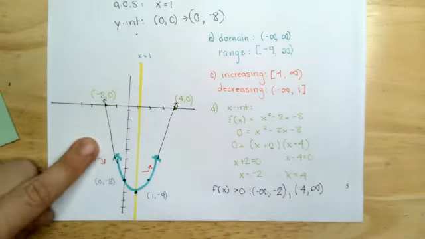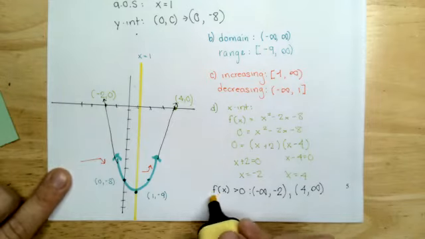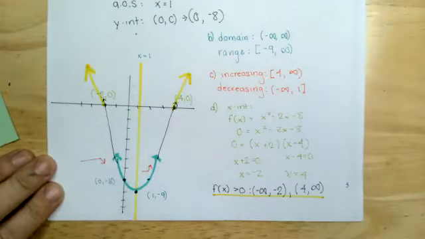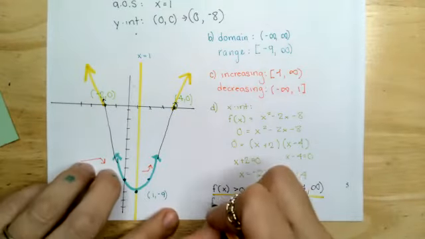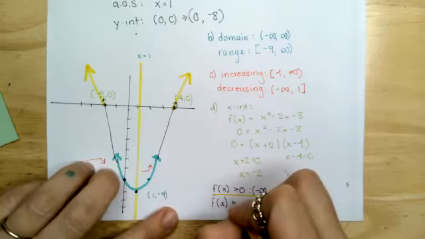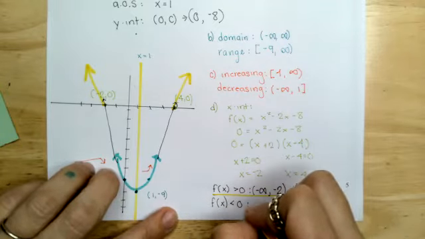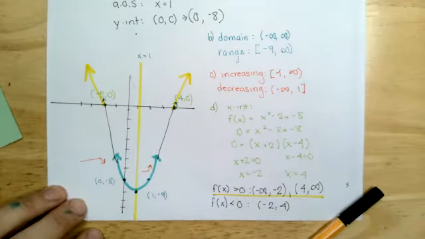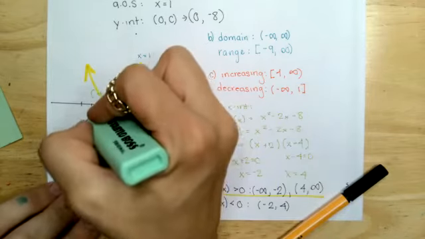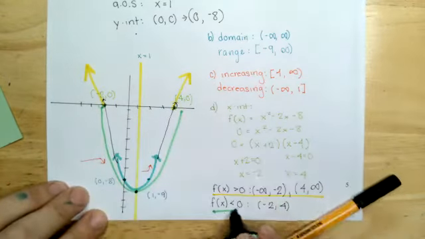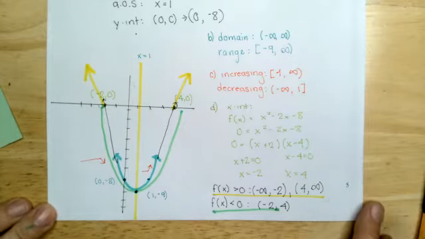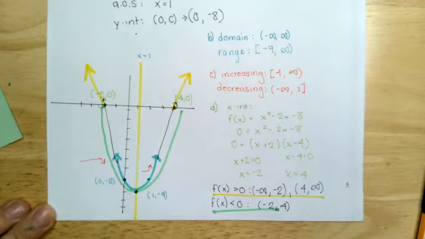That is all above 0. Good. Where is it below 0? Between -2 and 4. It's below 0. Good. Great.